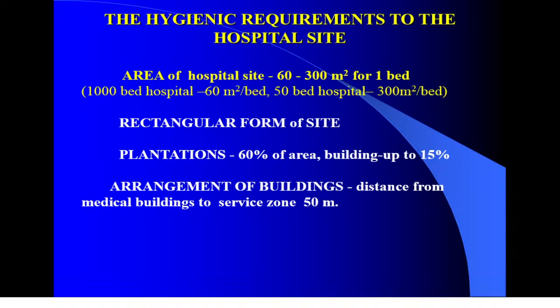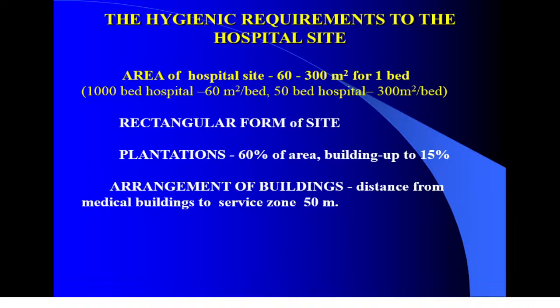For example, for a small hospital, usually a very old one, of only 50 beds, the calculation must be 300 square meters per bed. For a big hospital, the dependence is opposite: for a hospital of 1000 beds, the area is 60 square meters per bed.